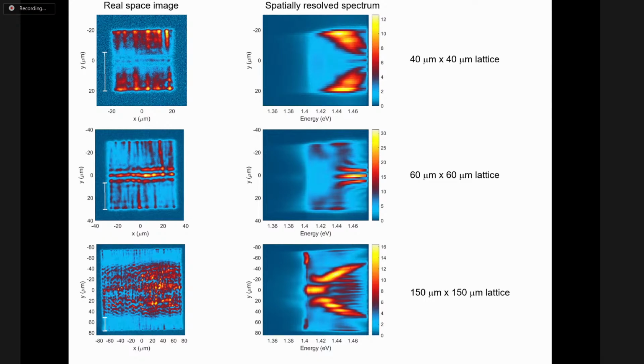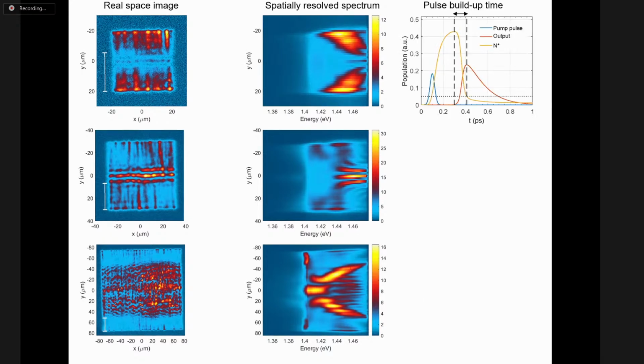And especially if you look at the small array size, 40 by 40 micrometers here, it's interesting that the pulse comes out on the opposite sides of the array, and as such the redshift of the light also occurs in the opposite direction than in the large array sizes.